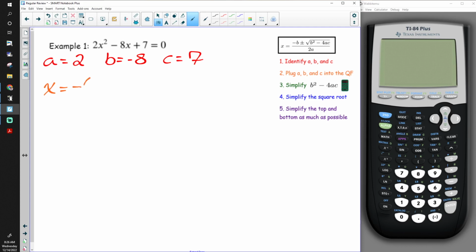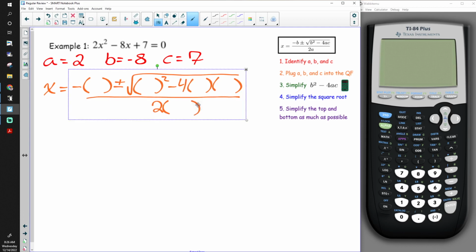So negative b parentheses plus or minus the square root b squared minus 4 times a times c all over 2 times a.